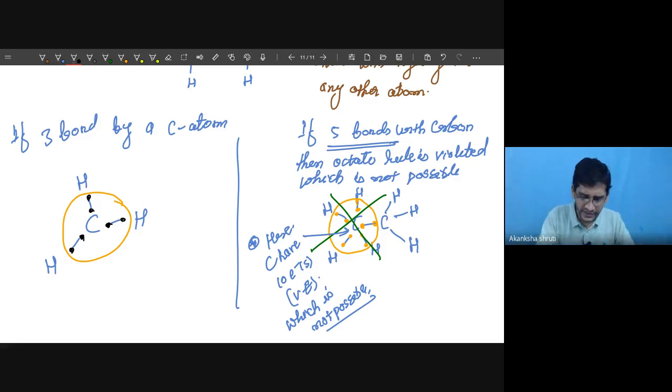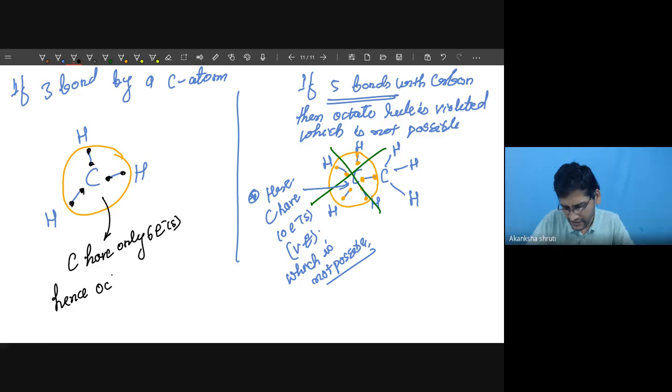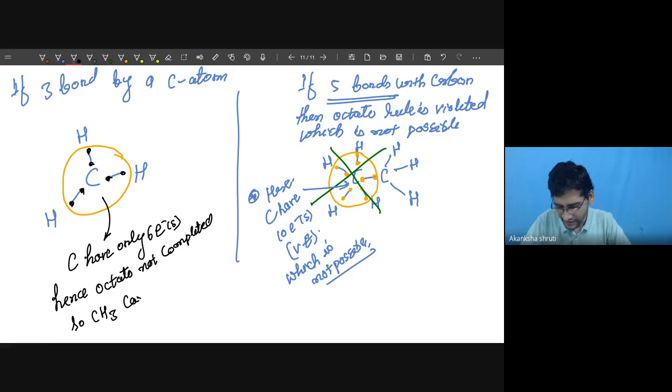So in this case, this carbon has only 6 electrons. Octet means the outermost orbit must have 8 electrons, which is not completed. So this cannot be stable, and this formula cannot exist. So CH3 cannot exist. Are we getting it?